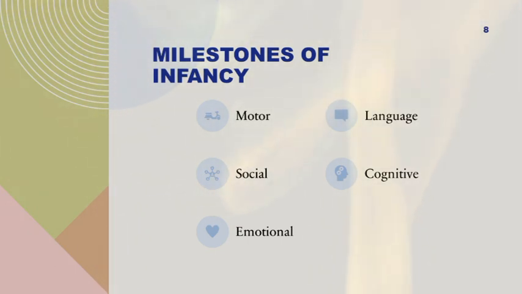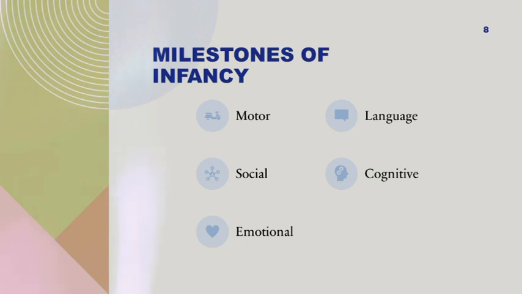Then there's language development and language acquisition, which is another crucial milestone of infancy. So there's a lot going on here. This is characterized by the emergence of communication skills and linguistic abilities.